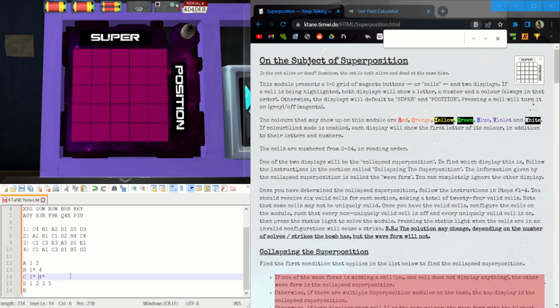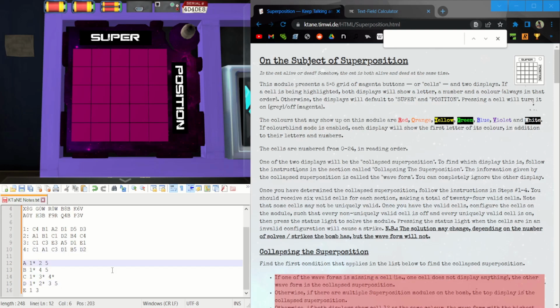Charlie 3, Echo 3, Alpha 5, that's 6, Delta 1, that's already been used, and Echo 1. And for the last row, we have Charlie 1, already been used, Alpha 1, already been used, Charlie 3, already been used, Delta 1, already been used, Bravo 5, and Delta 2, already been used.